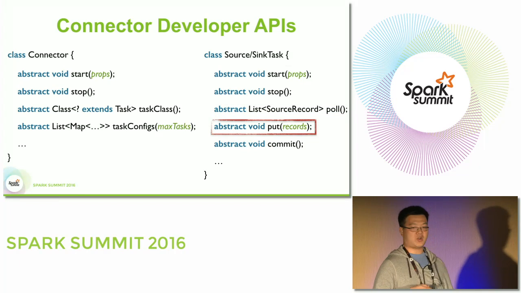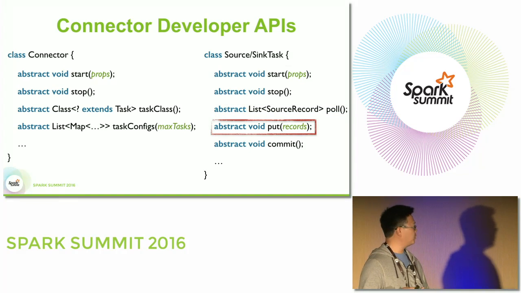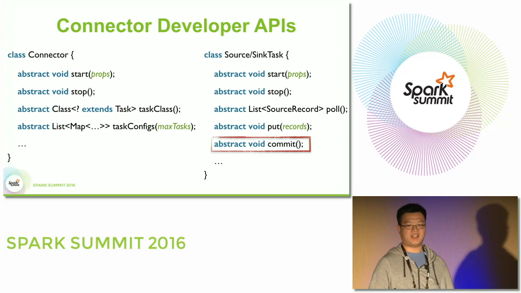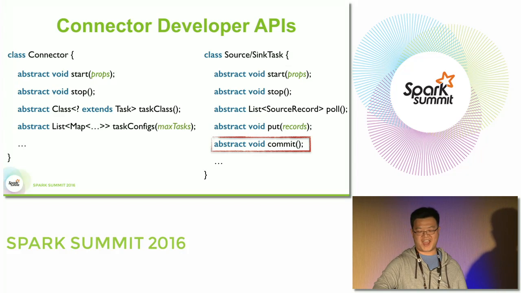Similarly, for your sink task, you have put APIs that take a record fetched from Kafka and put it into your destination system. And lastly, users can explicitly commit the current offsets during the lifetime of the connectors.